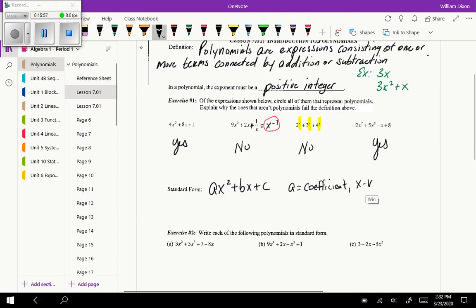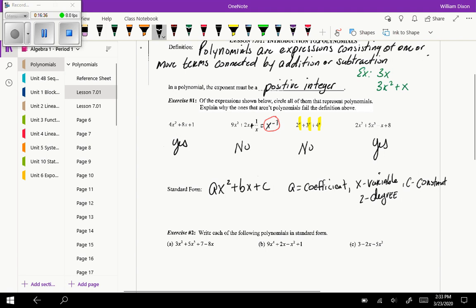We know that. Two is the degree. All right, that's very important. And C is a constant. It doesn't change. All right, C is a constant. So if I have plus 1, plus 7, plus 3, or plus 8, that's never going to change, but we know variables can change.